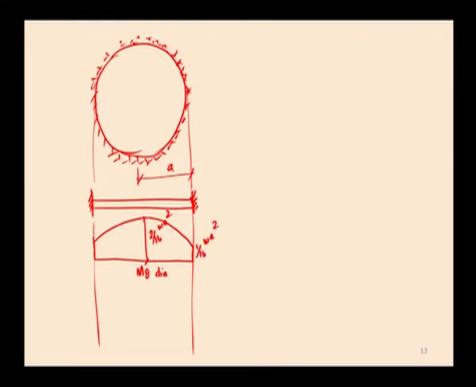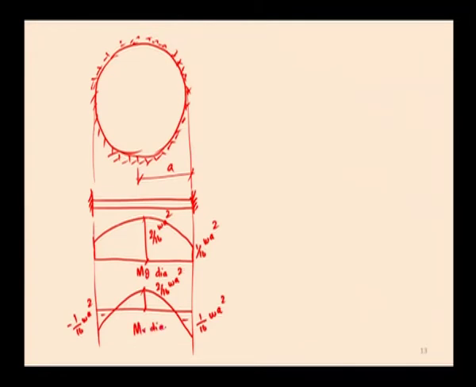Since it is a fixed slab, there is a negative radial moment developed. Anyway, it is a partially fixed slab. The moment here is minus 1 by 16 W A square at the edge, this is a negative moment. At the center, it is 2 by 16 W A square. This is the radial moment diagram for this.